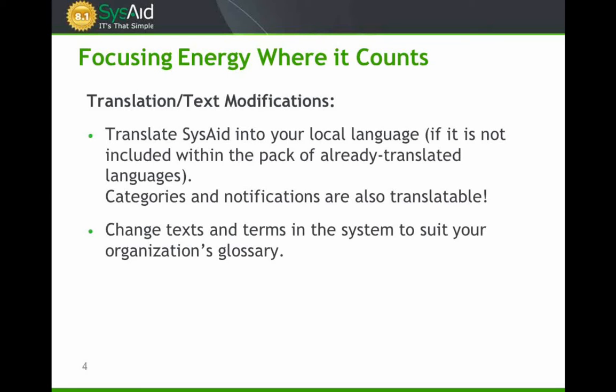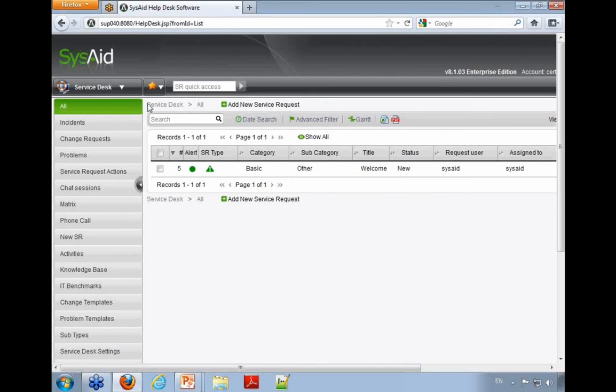Also, we'll see how category notifications could also be translated and basically become dynamic depending on the user's language. Generally, when you look into Sysaid, you'll find some of the phrases and terms and concepts maybe not really suiting your organization's glossary. This would also be the place to make these changes.